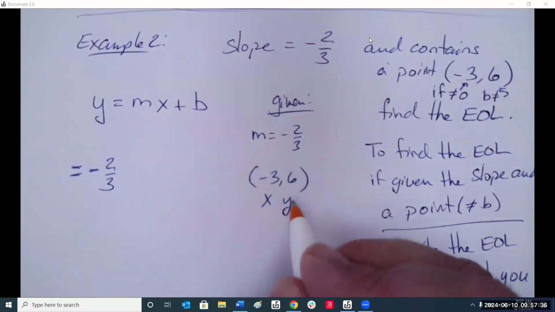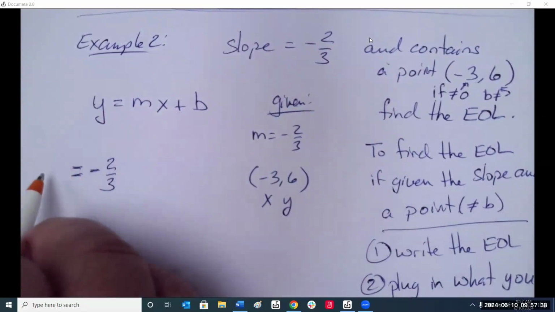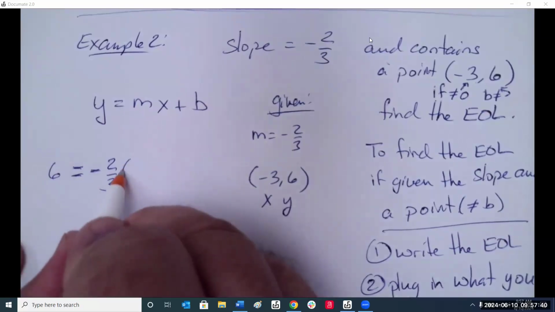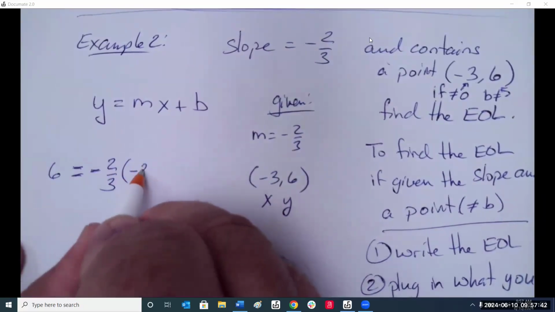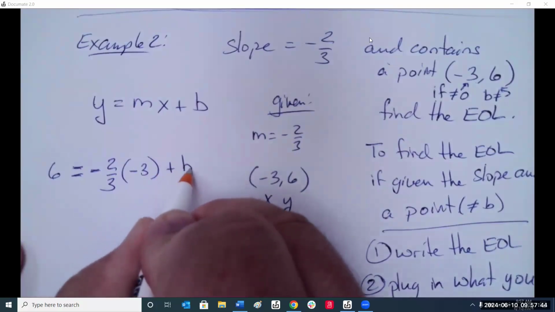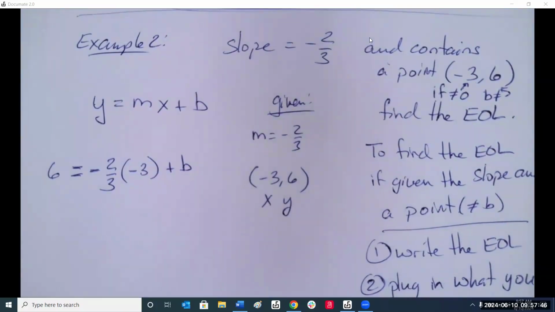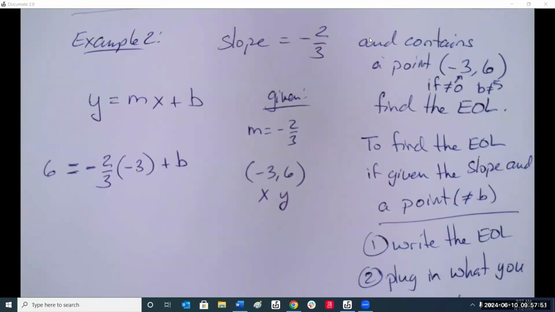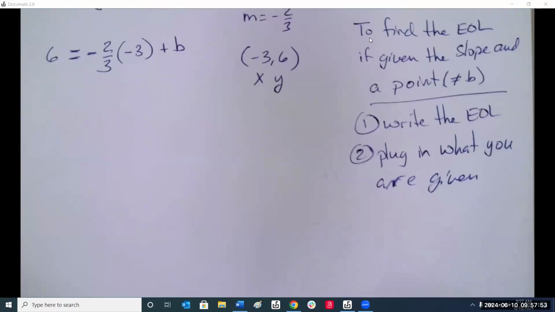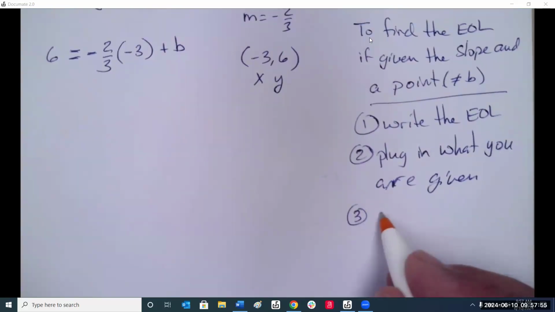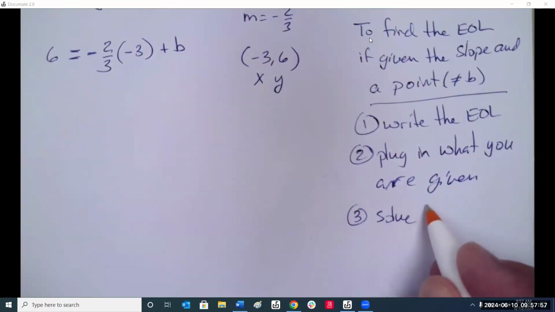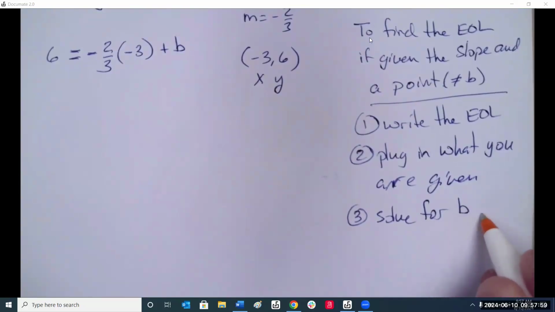This is the x and that's the y. So my y is 6 and the x is negative 3. The only thing I don't have is b. Then solve for b.